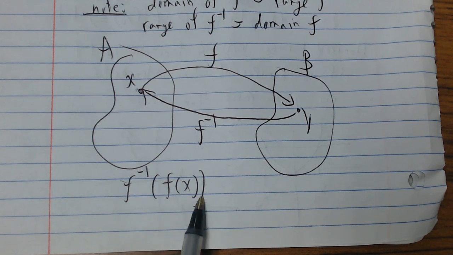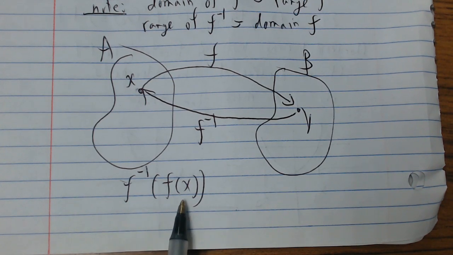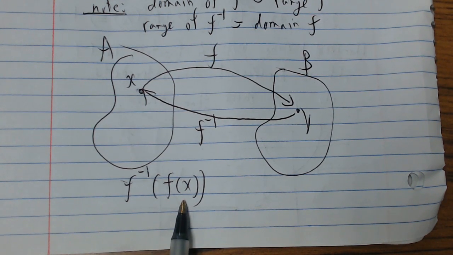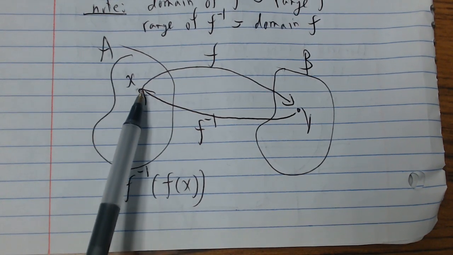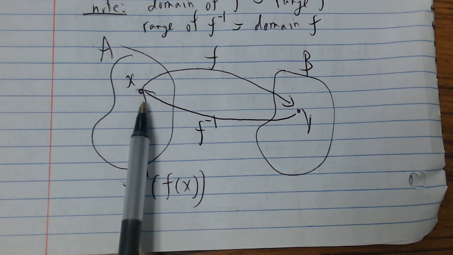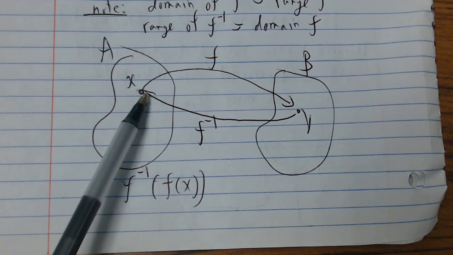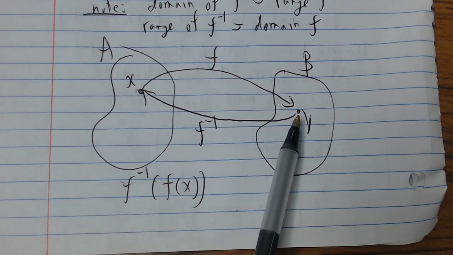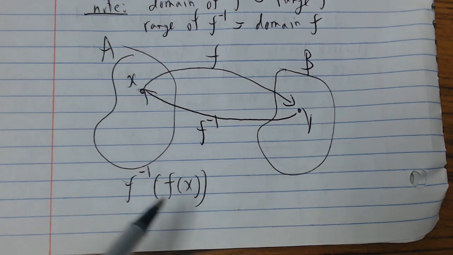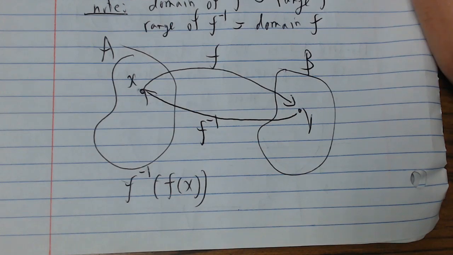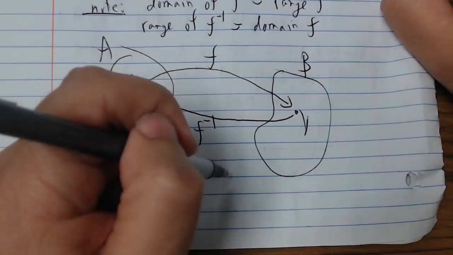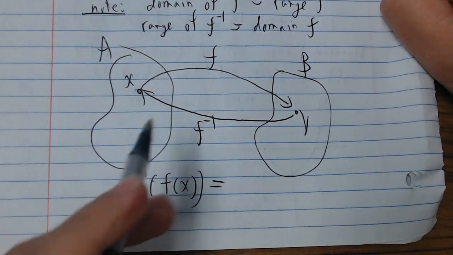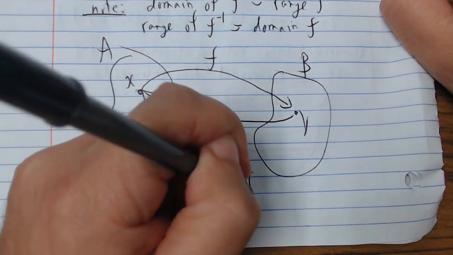If I treat this as a composite function, I'm talking about f of x. So if I come back to this picture, to get f of x, what does that mean? I need to plug x into this function, and f of x is going to take me to y. So based on this picture, f of x becomes y, so I could change this to f inverse of y.